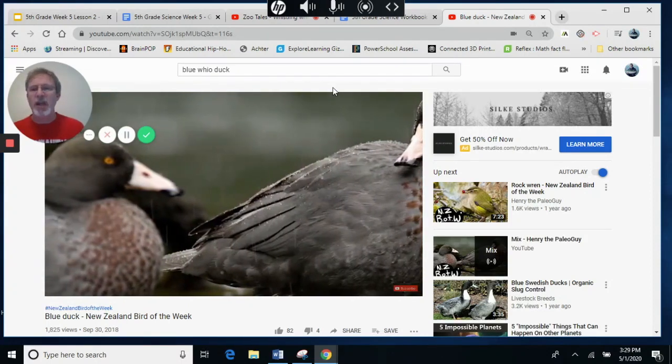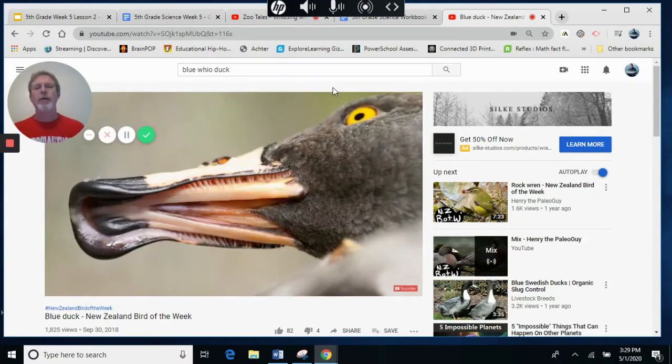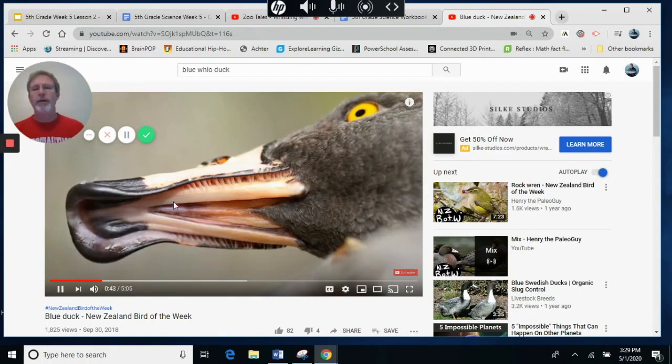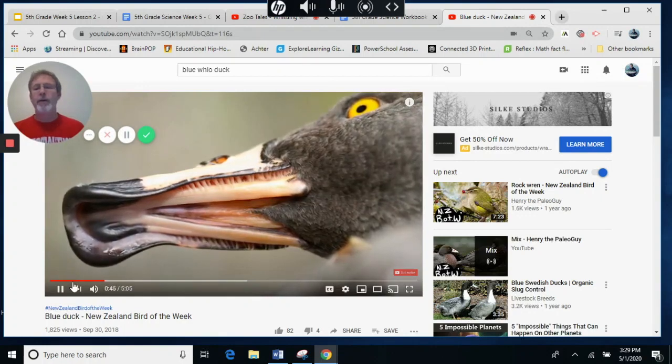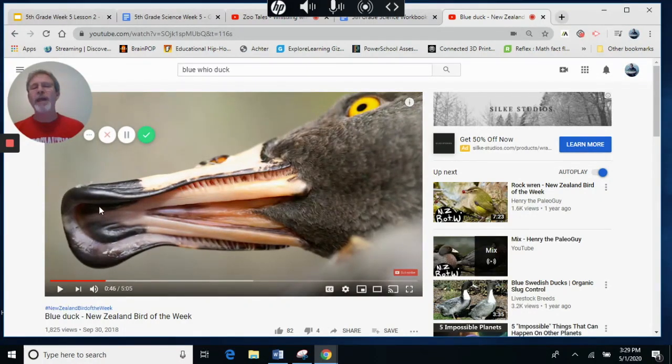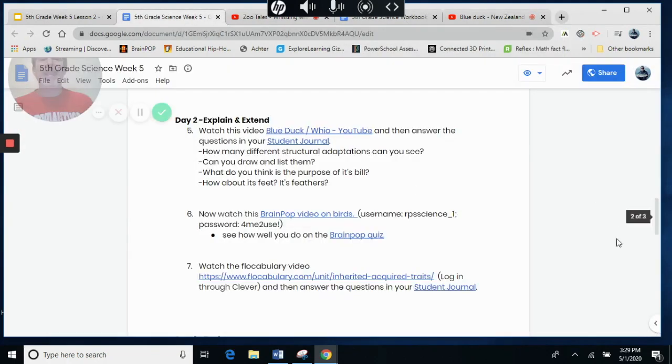Couldn't get enough of hearing that all day. Scraping invertebrates off of rocks. Isn't that fascinating? Look at that thing. And then it starts talking about males and females, calls, and its feet. And man, I could just go on and on about this thing. But back to our lesson.